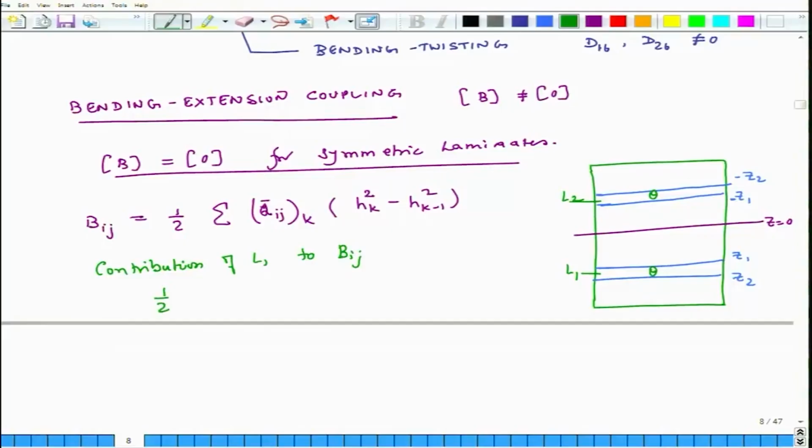It will be half Qij bar for this layer, we are talking about L1, times Z2 square minus Z1 square.